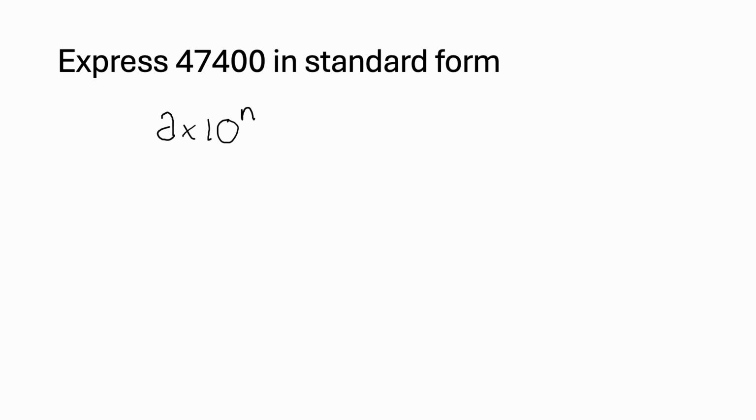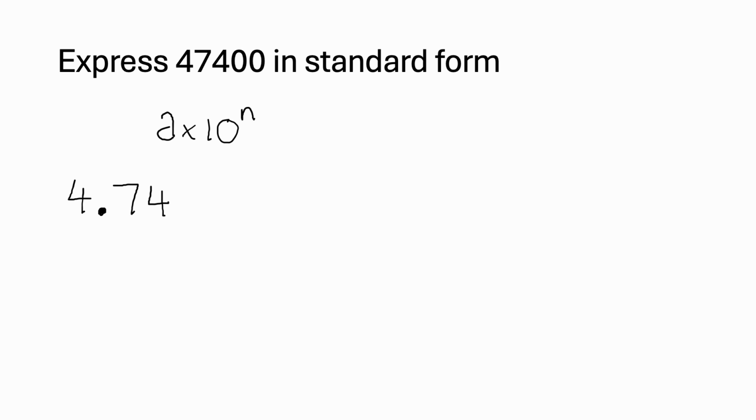So in order for this number to be between 1 and 10, we have to put our decimal place next to the first 4. So it turns into 4.74 essentially. We're going to make 4.74 into a bigger number to get 47,400. That means we're going to times by a positive integer.